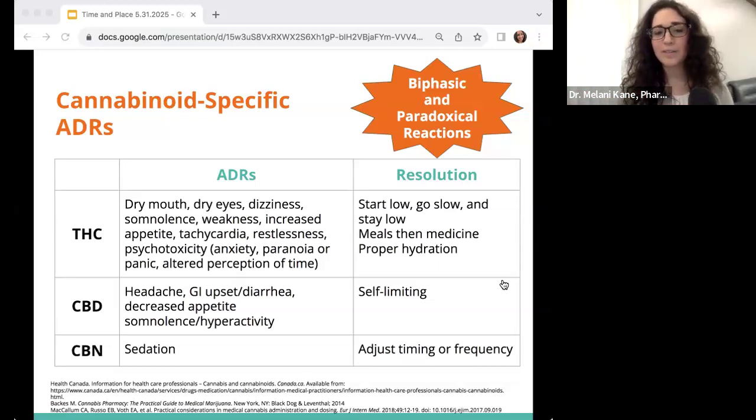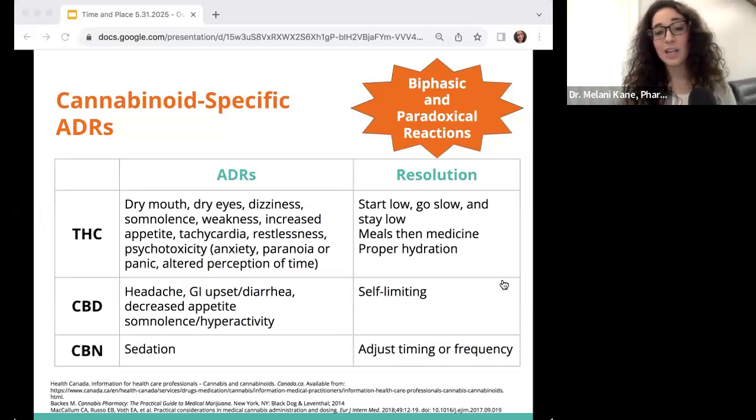Not much we can do from a pharmacological standpoint, besides eye drops and drinking enough water. But when it comes to THC side effects, it's much easier to prevent than to treat. So that's where we incorporate the start low. For a cannabis naive patient, that would be somewhere like 2.5 milligrams of THC. We would go slow. So again, there's no rush.